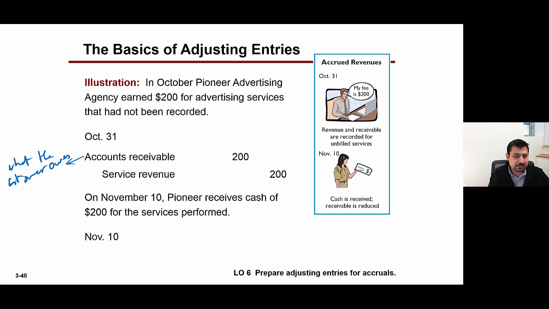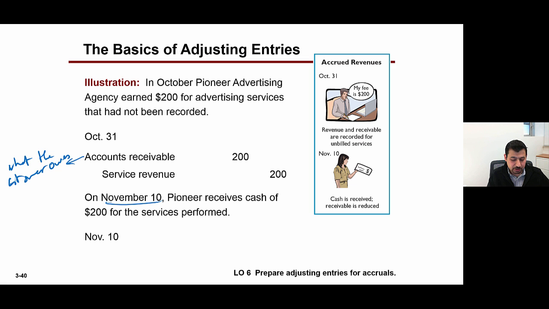Usually this happens because companies send the bill after the service has been performed. But they need to recognize the revenue when the service was provided. By the time the customer's company pays the bill, it can be in a different accounting period, which is the case here, because the payment was on November 10th.